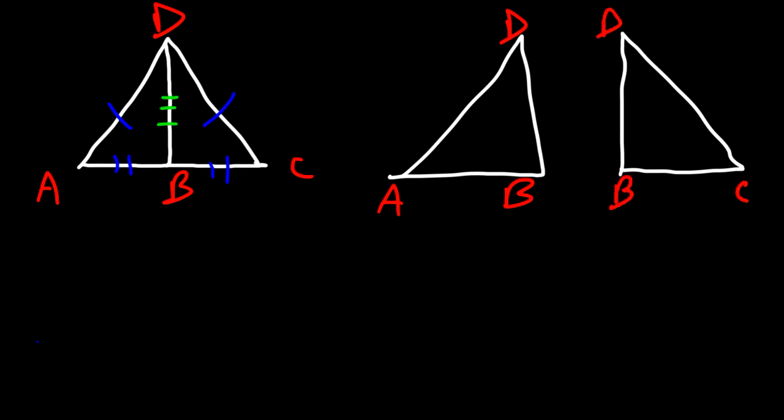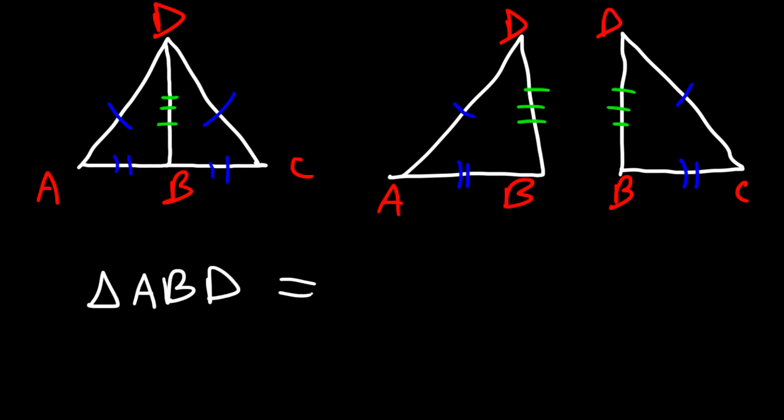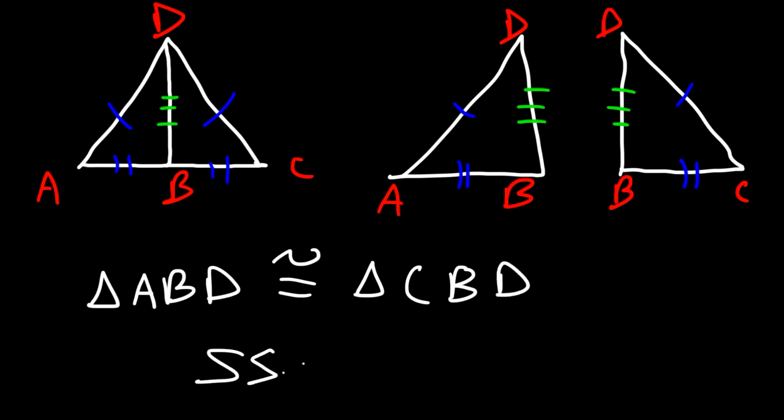So we can see that AD and DC are congruent because that's given to us. AB is congruent to BC. And also, DB is congruent to itself based on the reflexive property. So thus we could say that triangle ABD is congruent to triangle CBD according to the SSS postulate.